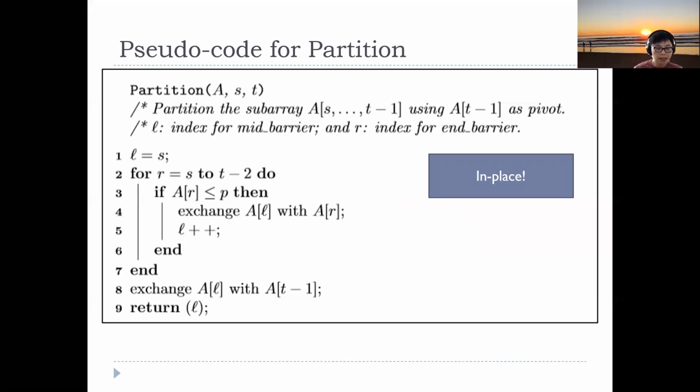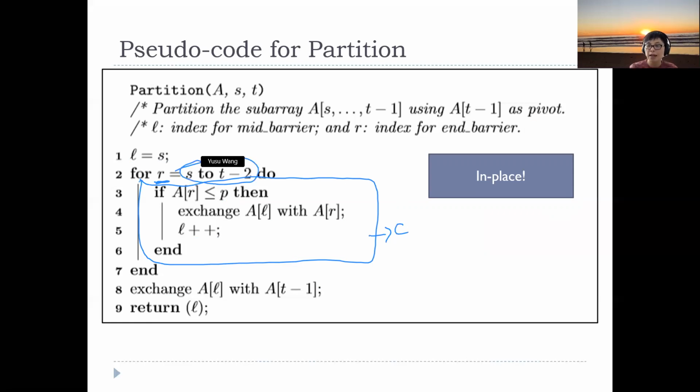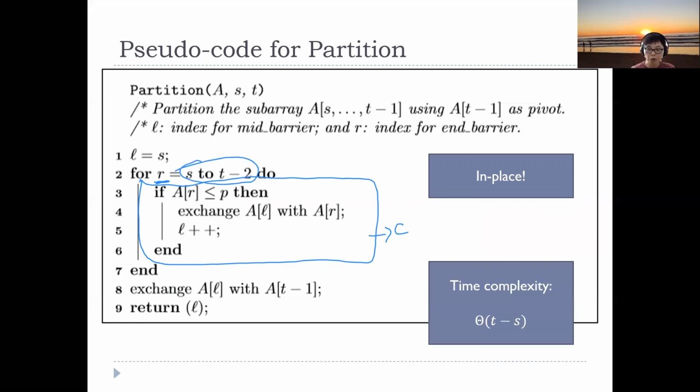And the time complexity is also easy to see because when we process each element, we just check it against the pivot, and depending on whether it's bigger or smaller, we either just move the pointer or swap 2 numbers and then move the pointer, but both take only constant time. Okay, that means that the total time complexity of this algorithm just depends on the size of the subarray we're looking at, which is linear in the size of the input subarray.